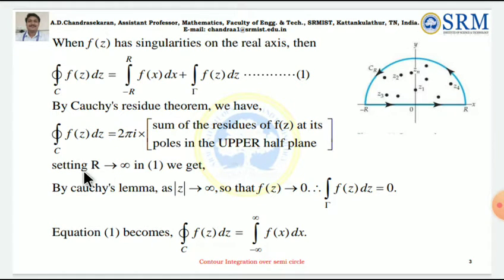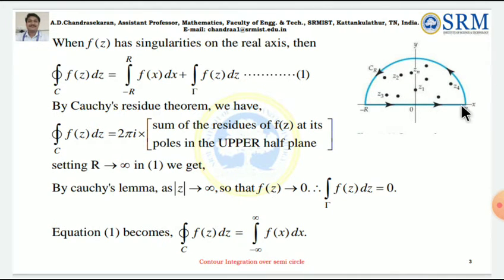Clear? Now set the radius tending to infinity. What happened? The radius tends to infinity means this is minus infinity, this is plus infinity. That means the gamma, this upper semicircular circumference, completely falls onto the axis. So that is Cauchy's lemma, which says that as the radius tends to infinity, mod z tends to infinity, because this is a circle whose center is the origin and radius is r.